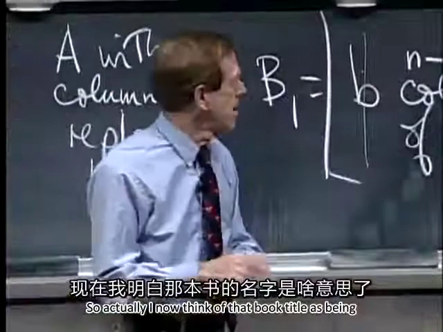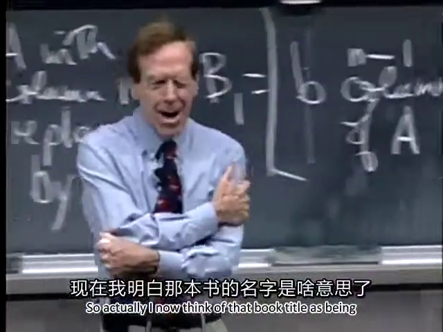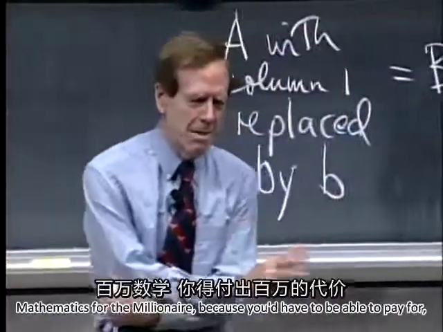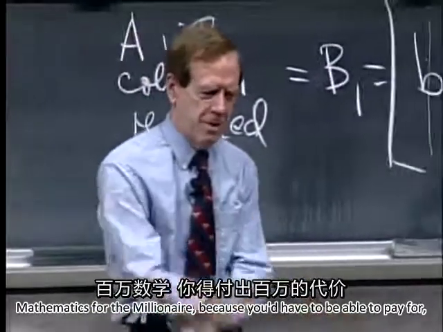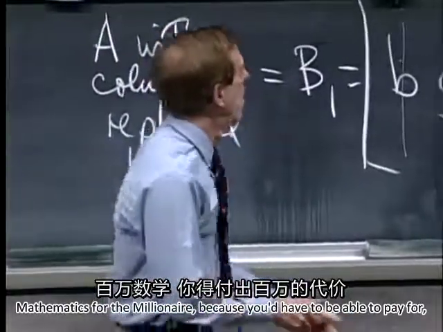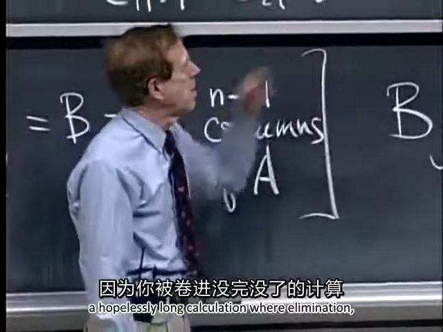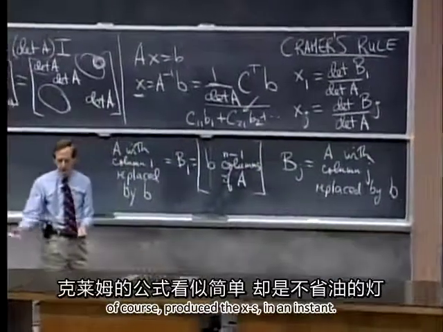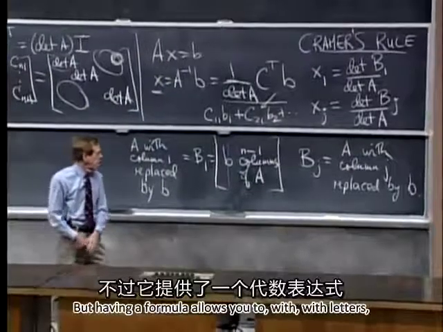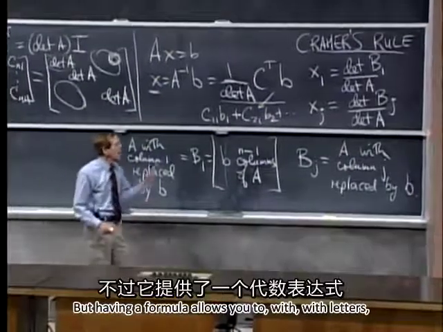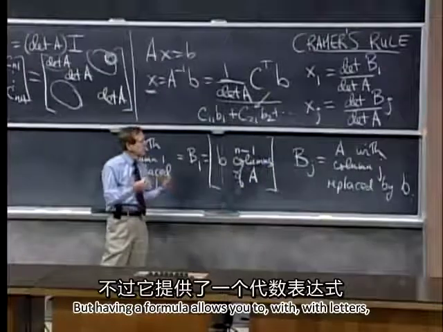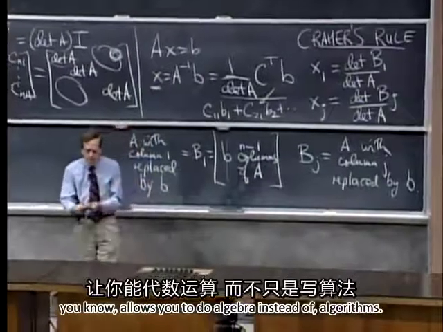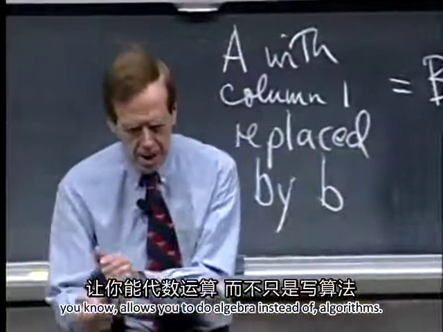So I now think of that book title as being Mathematics for the Millionaire, because you'd have to be able to pay for a hopelessly long calculation where elimination, of course, produced the x's in an instant. But having a formula with letters allows you to do algebra instead of algorithms.